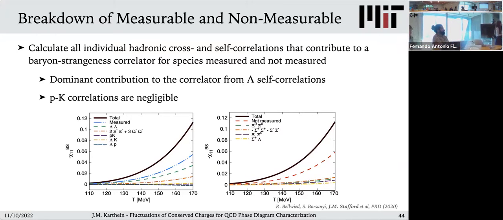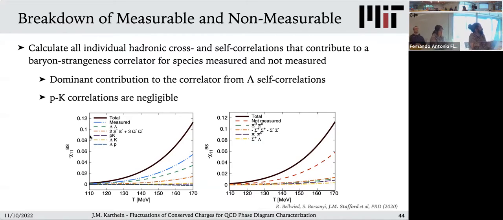So if we look at the measured contribution, which is this blue curve here, you'll see that the one which describes the most is actually self-correlations between the lambdas, and the other strange species contribute a bit less. But here, my pointer just went out, so that's fine. I'll just use my mouse.